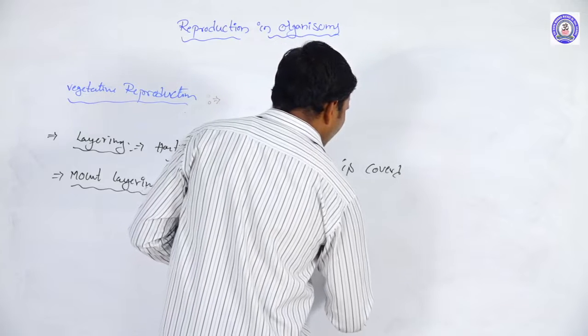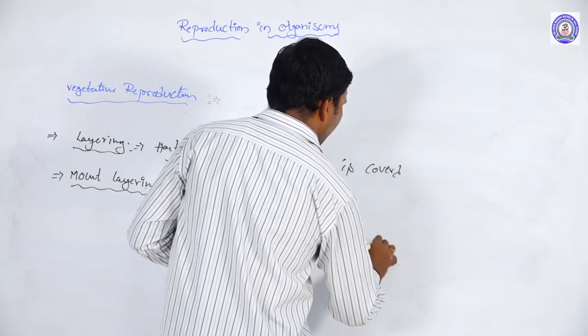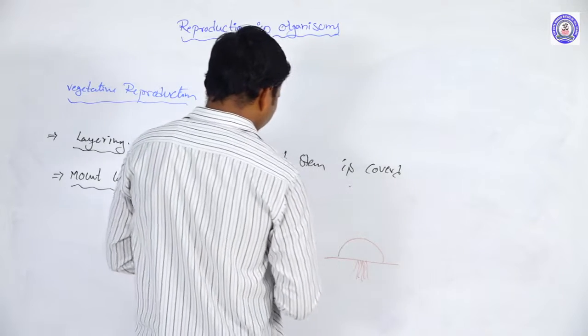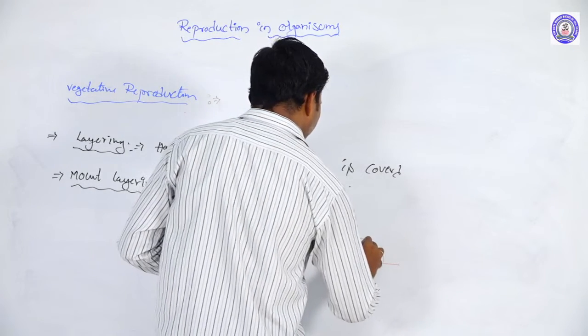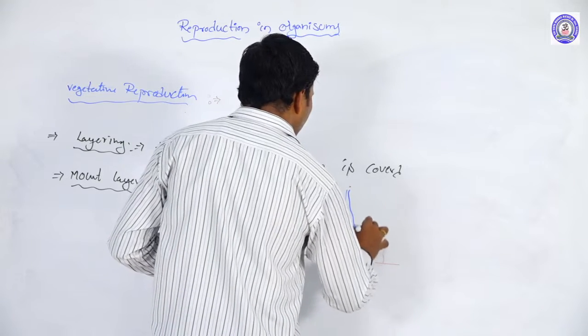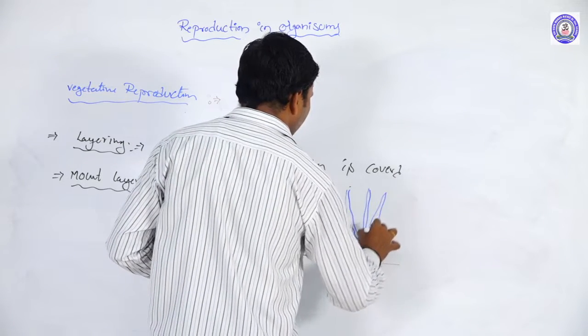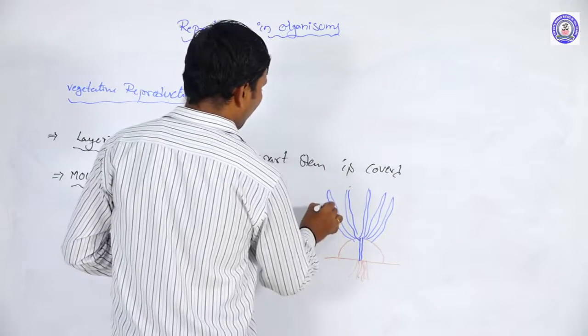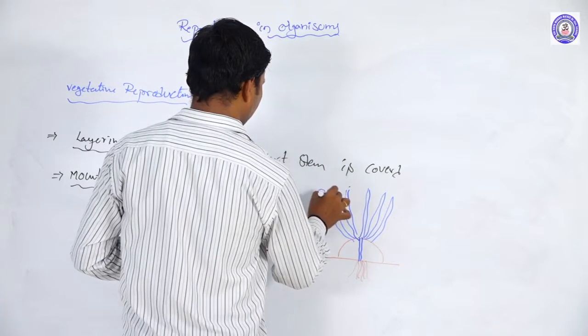Whenever we mound the stem, which has the root system and a little bit of stem, a larger number of branches or stems arise from here.